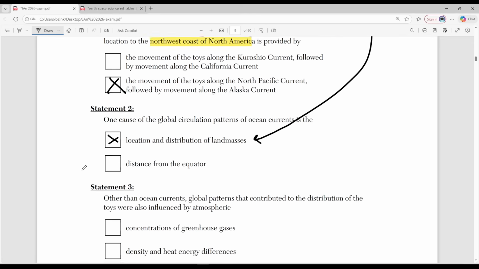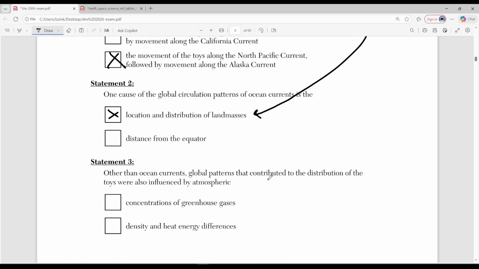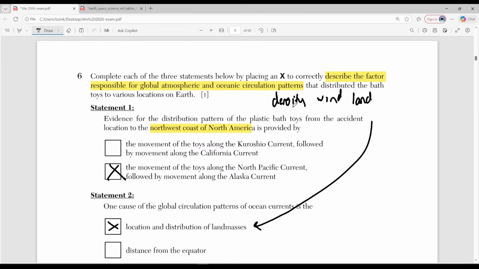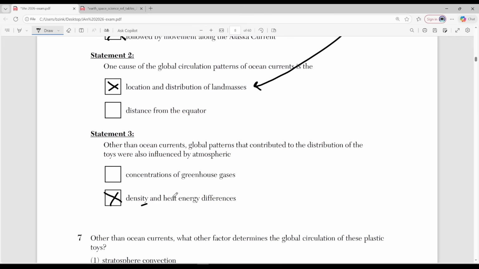And then other than the ocean currents, global patterns that contributed to the distribution of the toys were also influenced by atmospheric. Look, boom. I swear I didn't predict that. I didn't even know that was there, I swear.